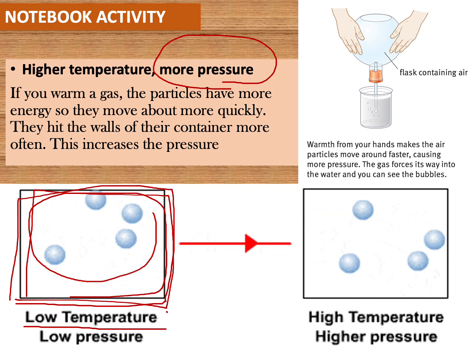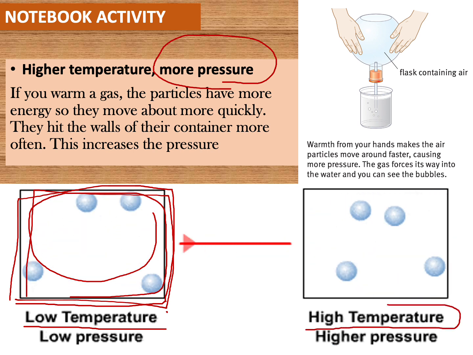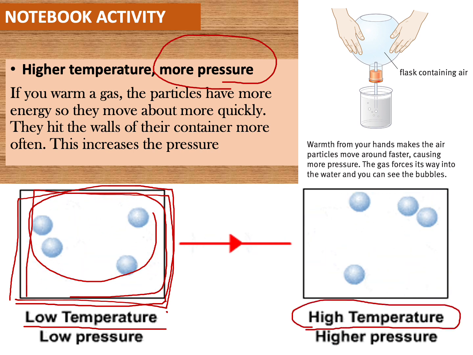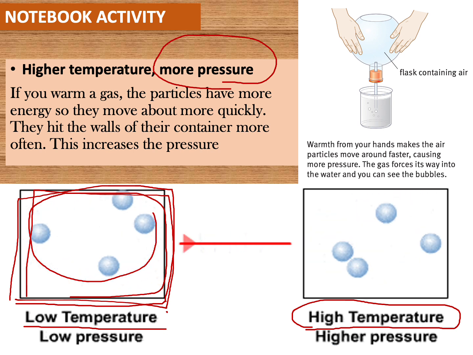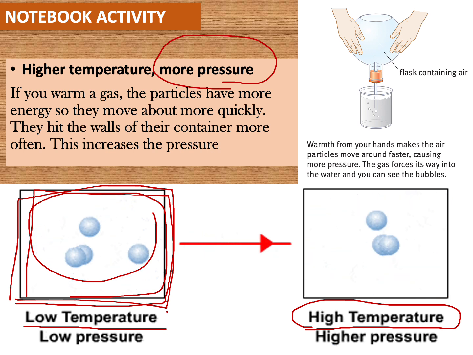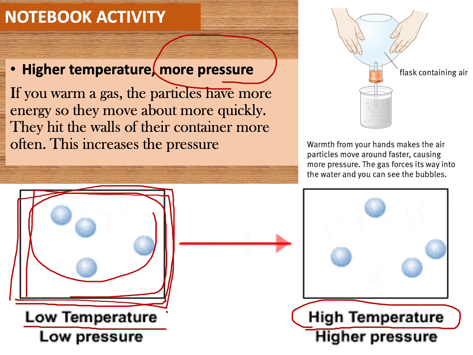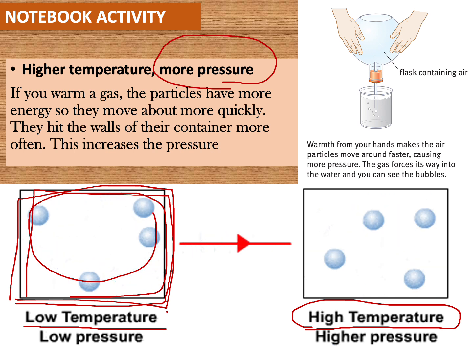But what happens if I heat the same container? When I increase the temperature, when I increase the heat, when I increase the amount of energy, the particles get energized due to the increase in heat. So what will they do? They will run here and there inside the container. When they run here and there, they will hit the wall and sides of the container.